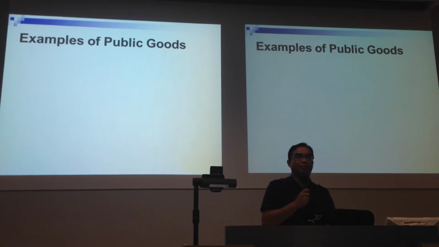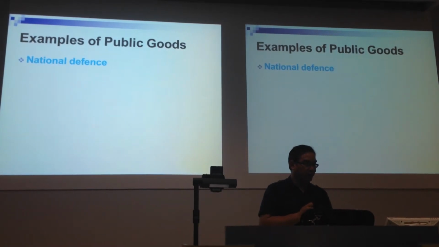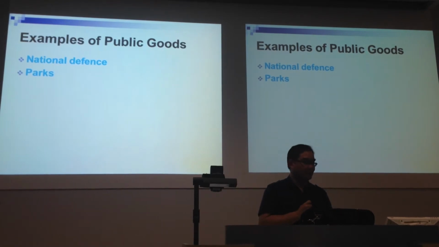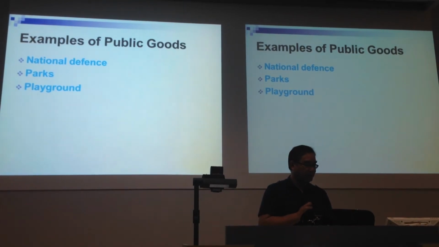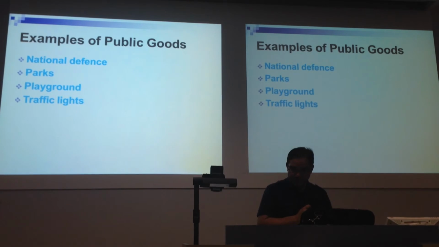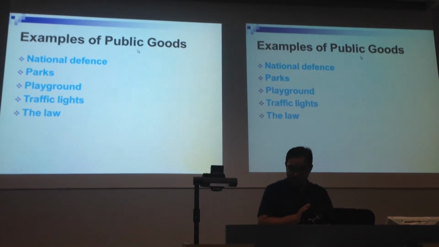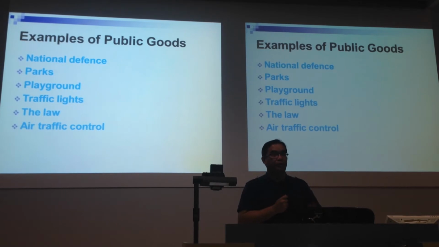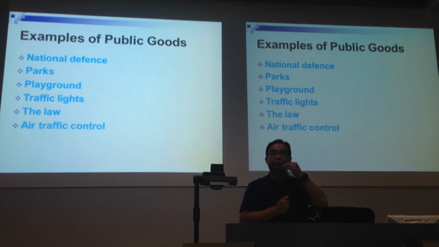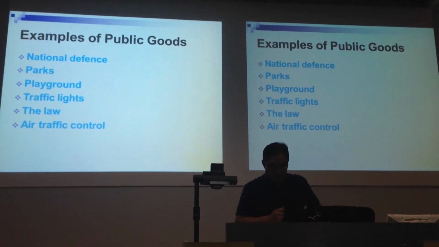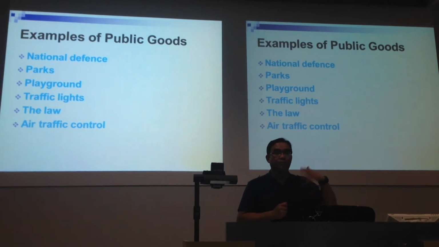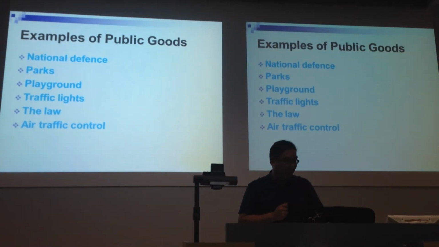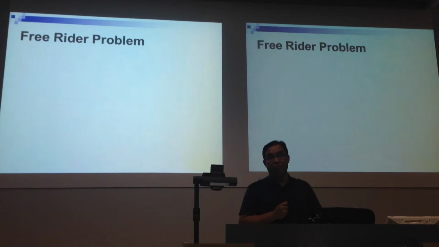So these are some examples of public goods: national defense, parks, playgrounds, traffic lights, the law, and traffic control. Right, so these are all public goods. They are not excludable. They are also non-rival in consumption. Okay. And because of the two characteristics of public goods, right, it results in the free-rider problem.